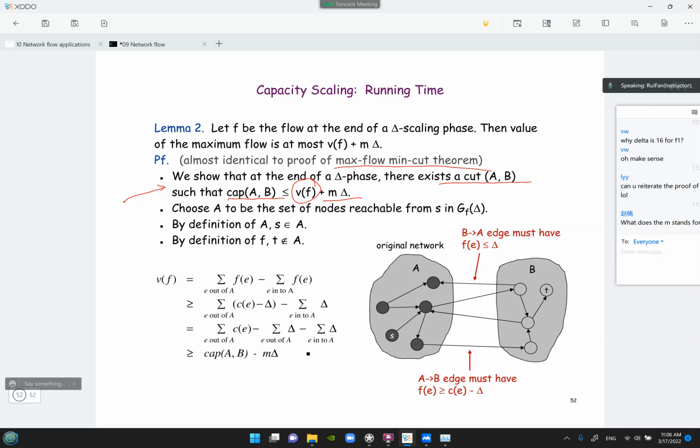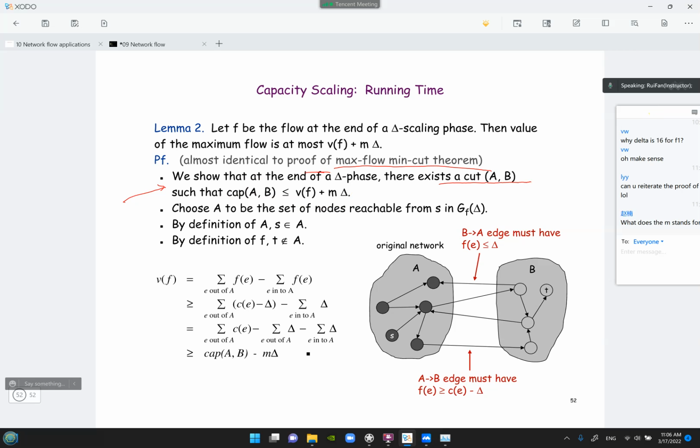Because any flow is less than this capacity, which is a weak duality property, the max flow cannot be more than this value. So as long as we can find this cut with this small capacity, the max flow is not much larger than our current flow f.